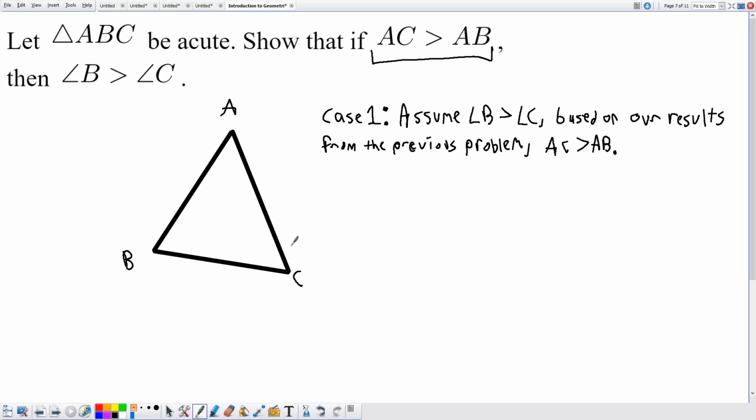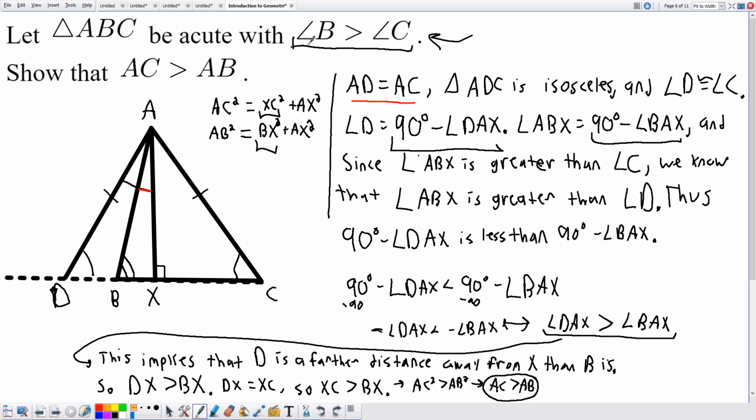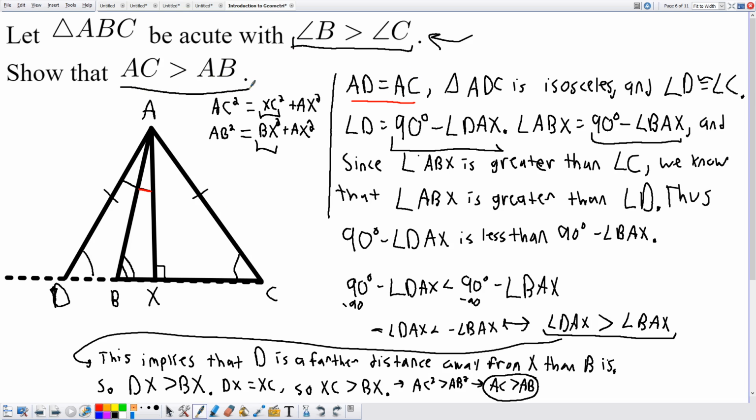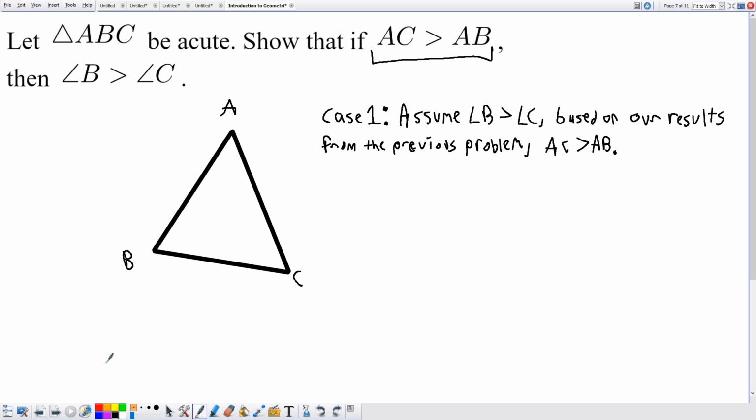That is all the work we did in the previous problem. We assumed angle B was greater than angle C, just like we're doing now. Then that implies AC is greater than AB. That is something we absolutely know is true.